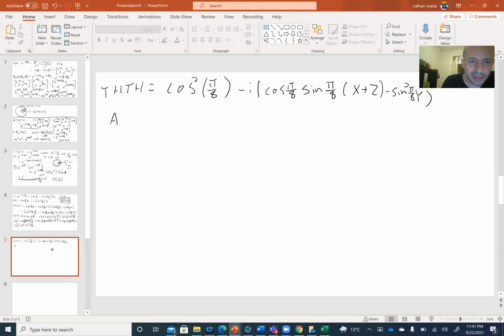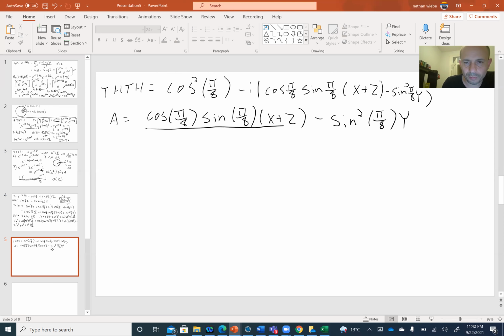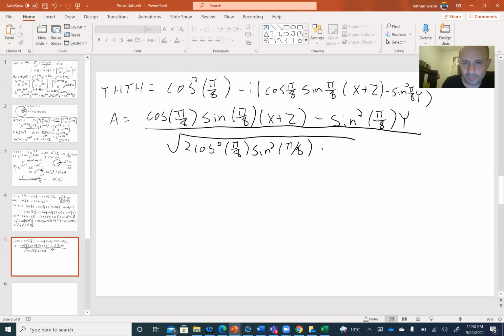So let's write A equals cosine pi by 8 sine pi by 8 (X plus Z) minus sine squared pi by 8 Y, divided through by the square root of 2 cosine squared pi by 8 sine squared pi by 8 plus sine to the 4th pi by 8.